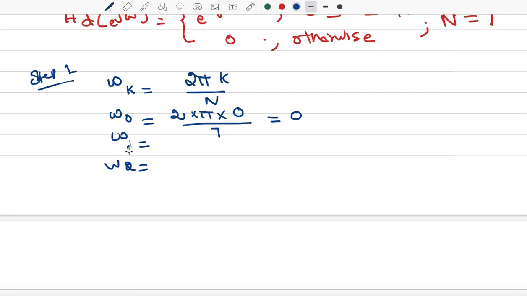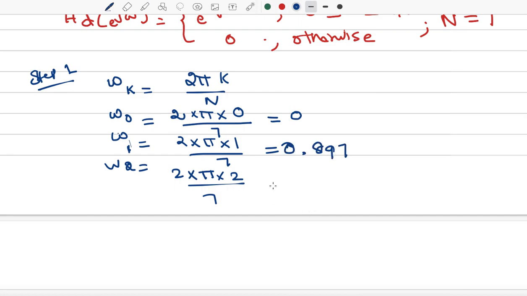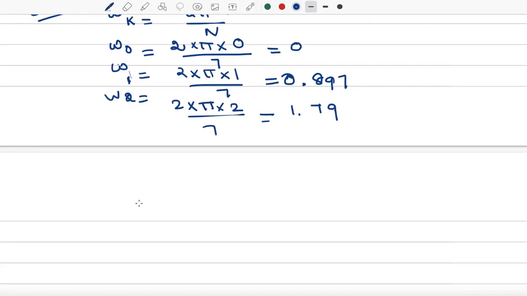Then how will you find omega 1? 2 into pi into 1 by 7, that is 0.897. Similarly, omega 2, 2 into pi into 2 by 7, that is 1.79.